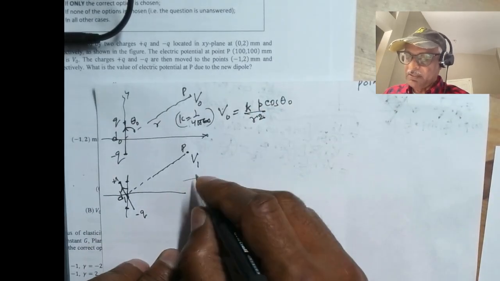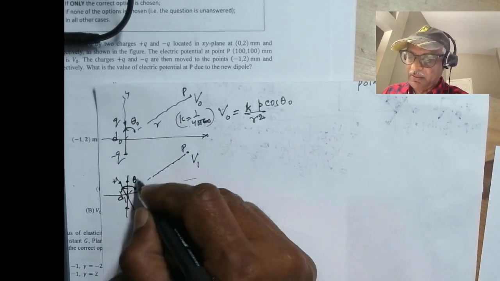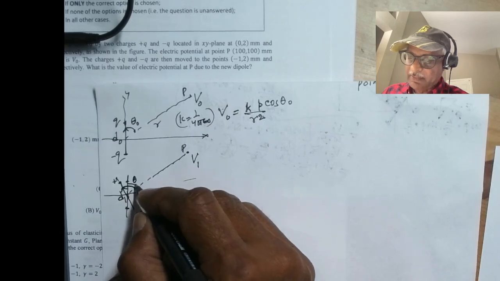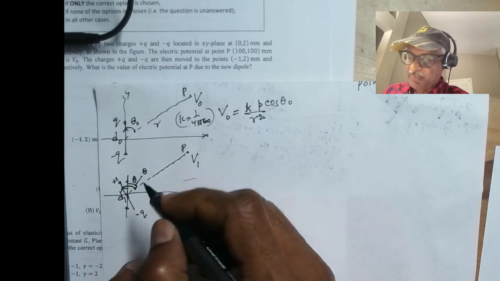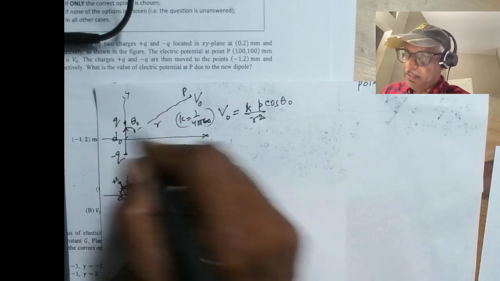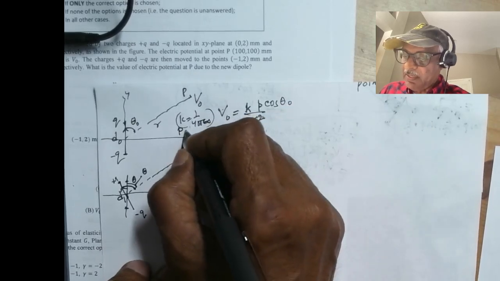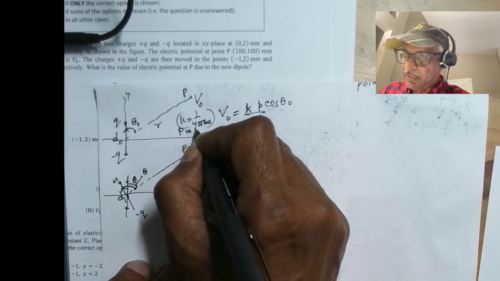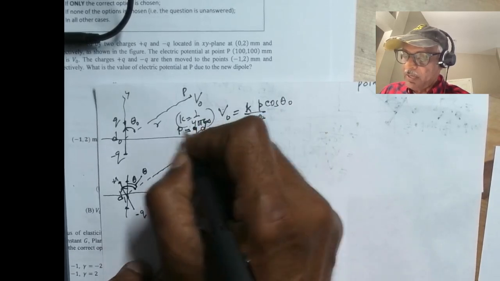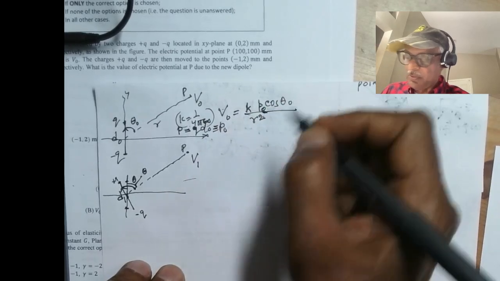Over here we need this angle. This is going to be theta. Let's call P equals Q d0. Let's denote this by P0. So I'm going to use P0.